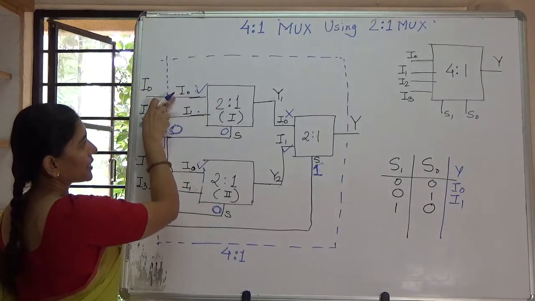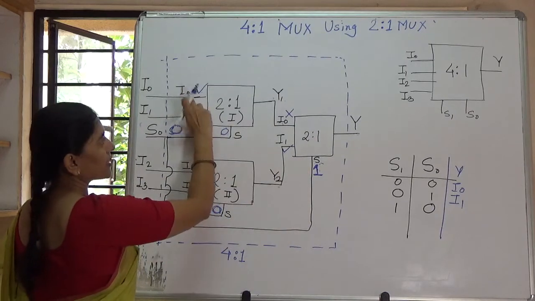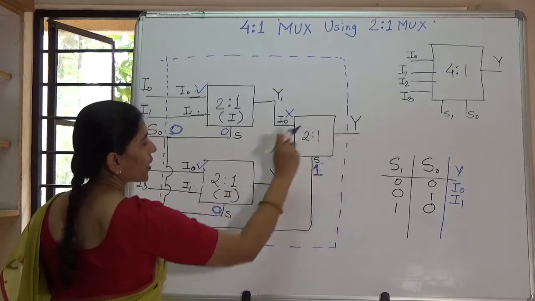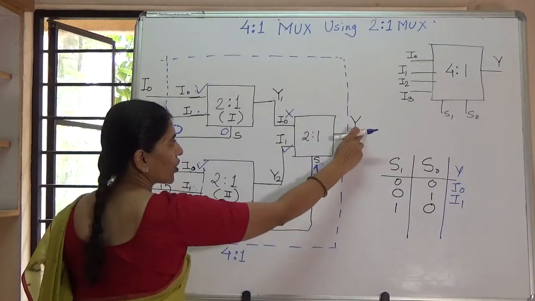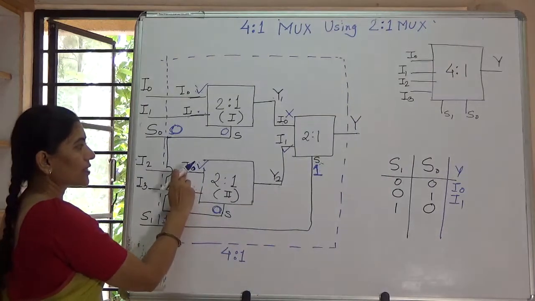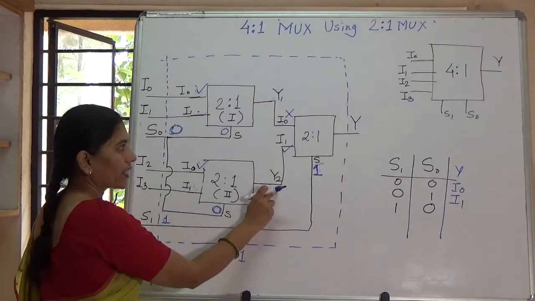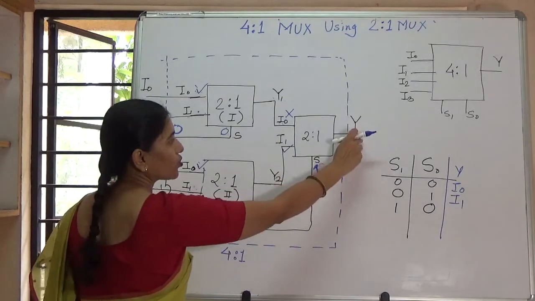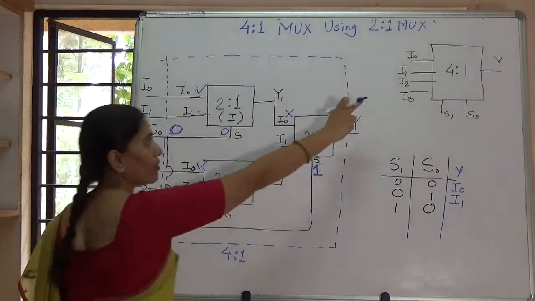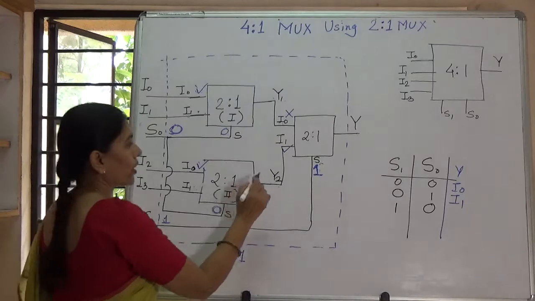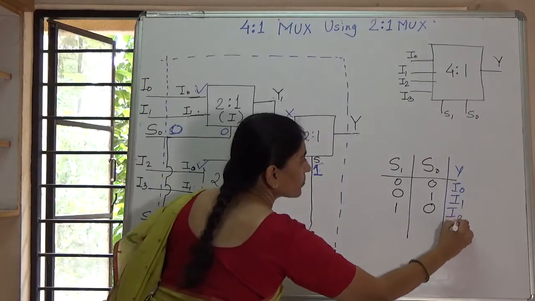So although this is getting selected, this input is not getting selected over here, therefore this doesn't get transferred to the output Y. Whatever is connected to I1 from Y2 is going to get transferred to Y, and you can see that I0 is connected over here of this multiplexer, which gets connected to Y2, then to I1 and then to Y. And now we have called this I0 as the I2 input for the 4:1 multiplexer. So therefore this output Y will now be equal to I2.